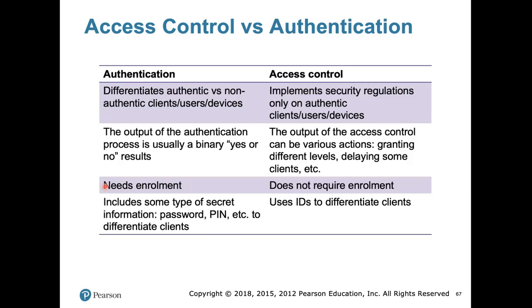access control. What we have in access control is just some simple IDs. We use IDs in order to differentiate different clients, because like I said, when it comes to access control, all of them are legit users.